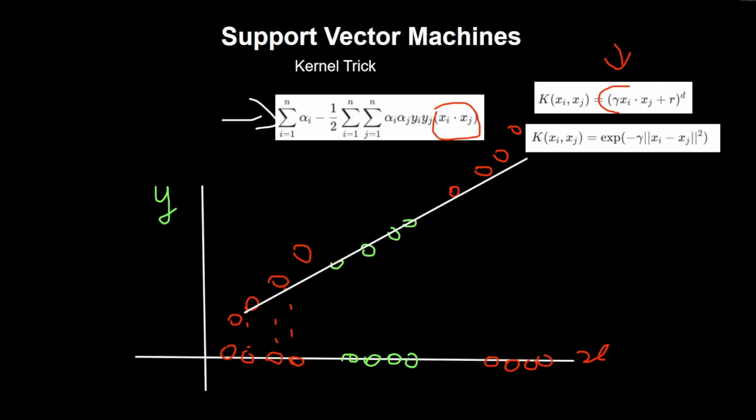Here we can see it is in the form of a polynomial where d is the dimension, and these two terms r and gamma here are just the scaling terms for the polynomial. Similarly, we have another kernel function called the radial kernel.